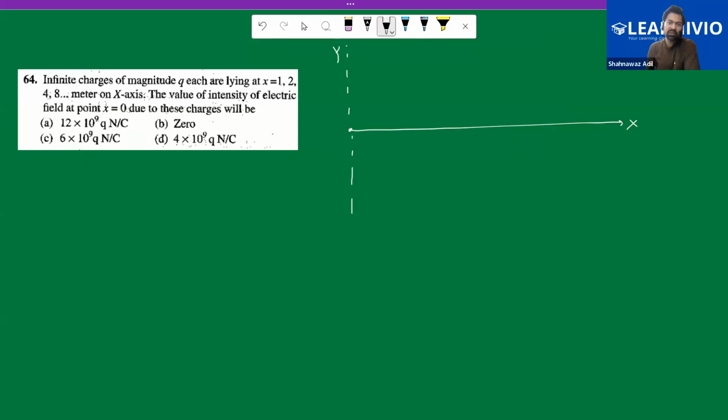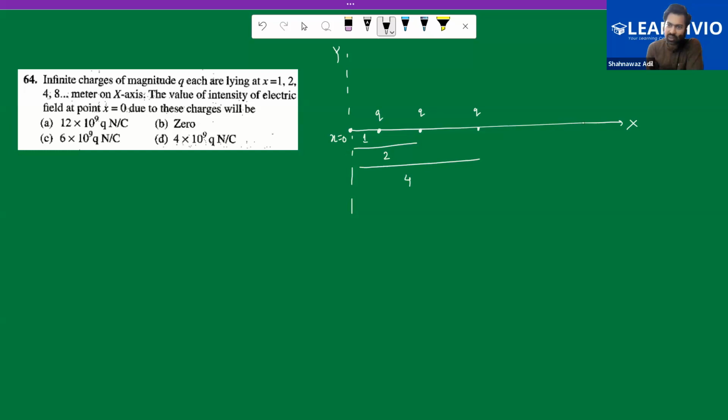At the origin, x equals 0, one charge is placed at 1 meter, and then another charge is placed at 2 meters, and then the other one is at 4 meters, right?